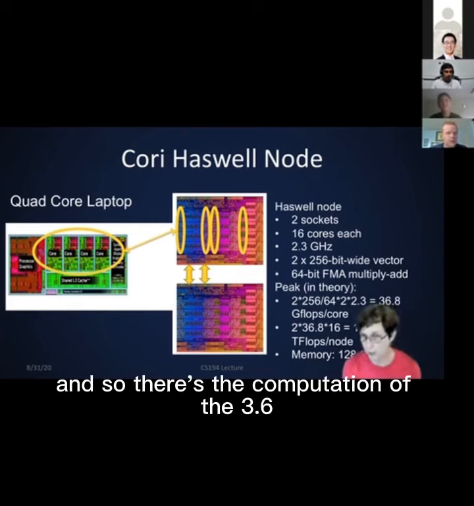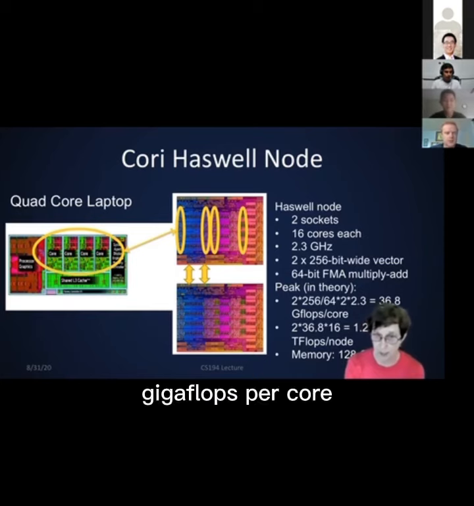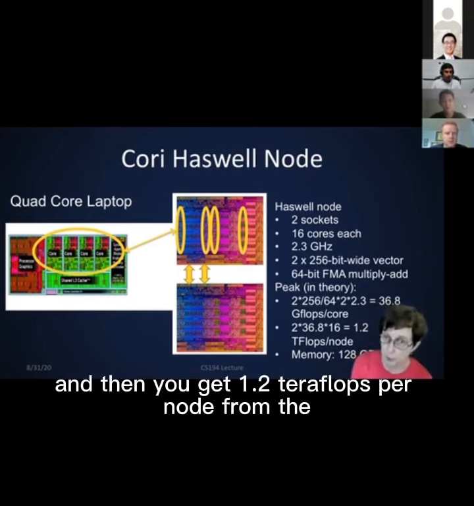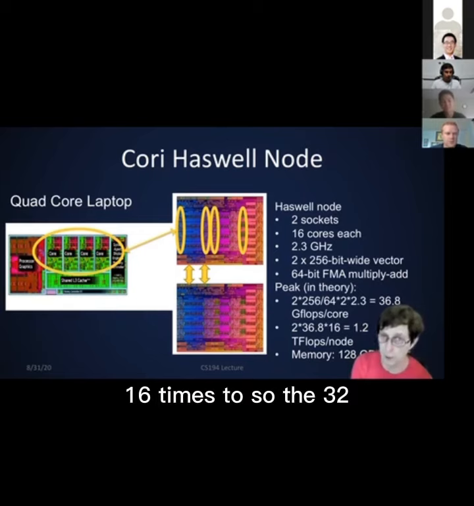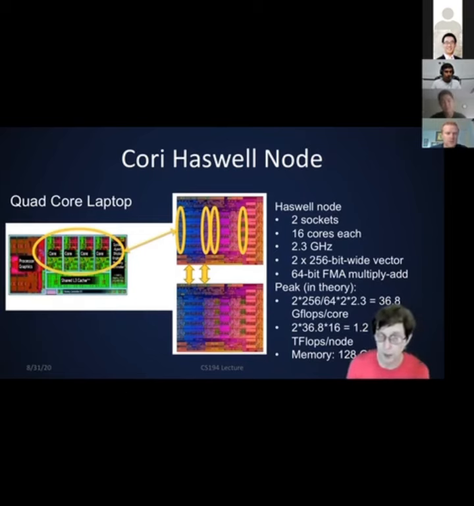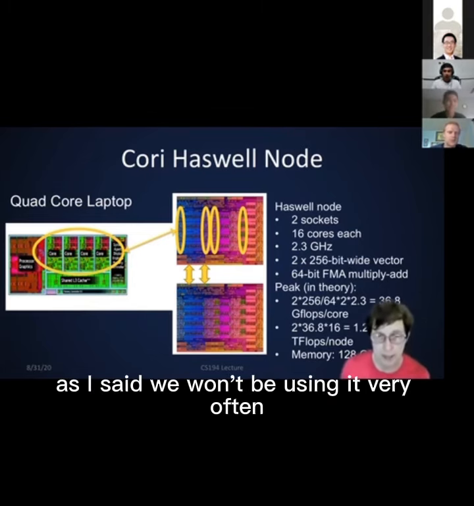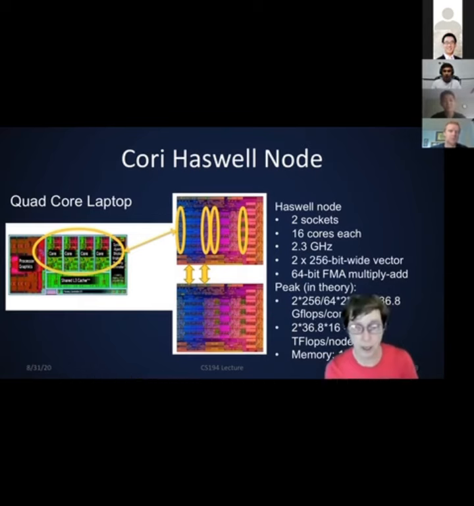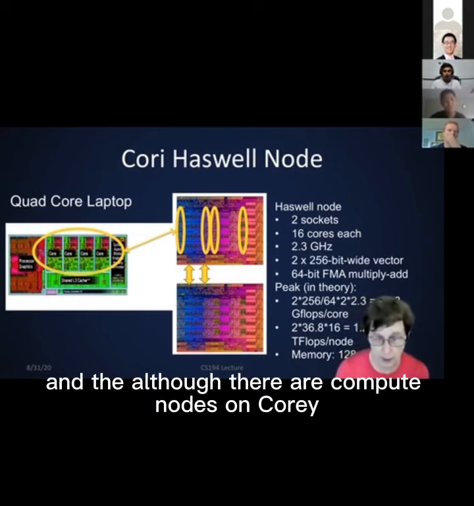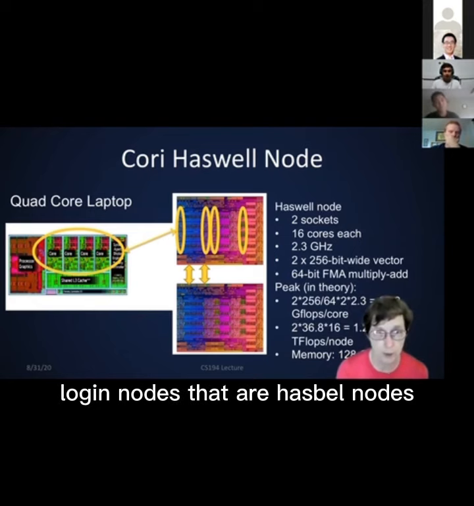And so there's the computation of the 3.6 gigaflops per core, and then you get 1.2 teraflops per node from the 16 times 2, so the 32 cores that you have on a node. Okay, so that's what Haswell looks like. As I said, we won't be using it very often, although there are compute nodes on Cori in addition to the login nodes that are Haswell nodes.